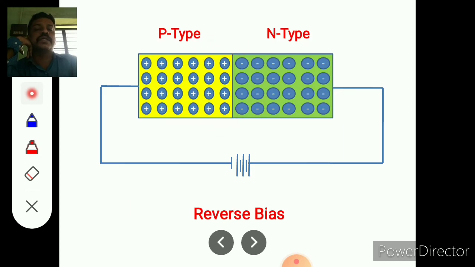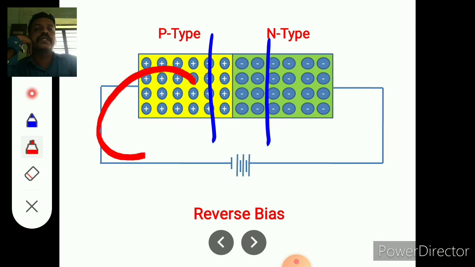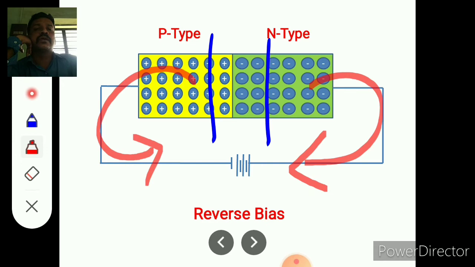Now reverse bias. In this reverse bias condition, holes are attracted towards the negative terminal, electrons are attracted towards the positive terminal. So initially the depletion region is like this, but when the holes are moving in this direction and electrons in this direction, this depletion region will become wider and wider.